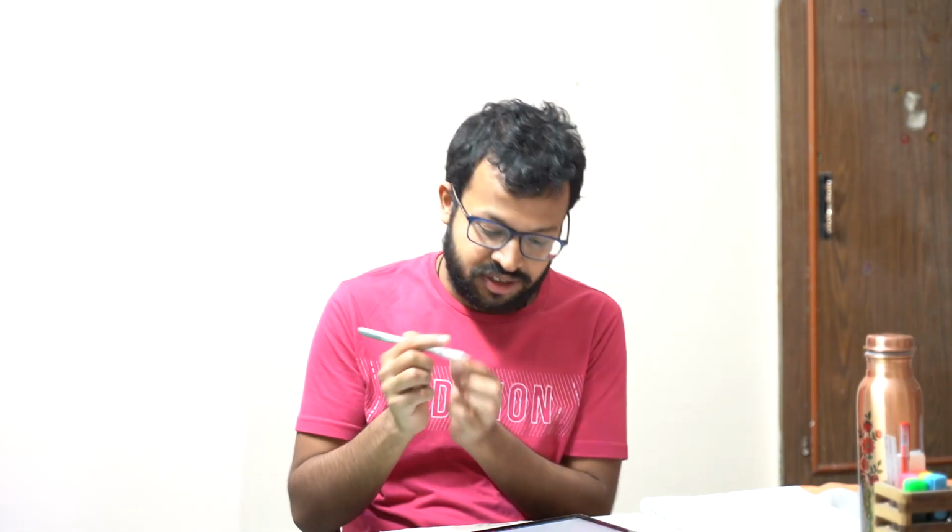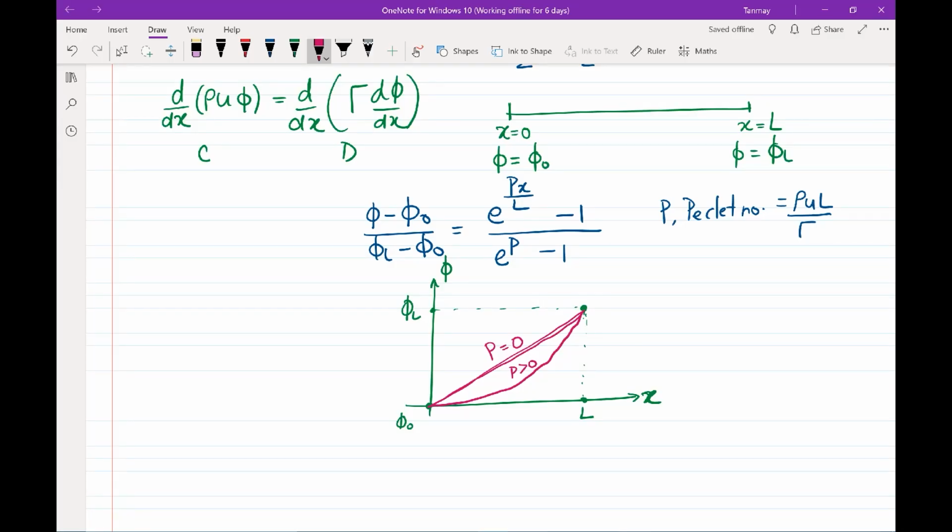Similarly, when P is less than 0, or U is in the negative direction, it means that the variables here are going to be very rapidly transferred or convected to the variables on the x equals 0 side. So what I'm trying to say is that for P less than 0, we would have a situation like this.